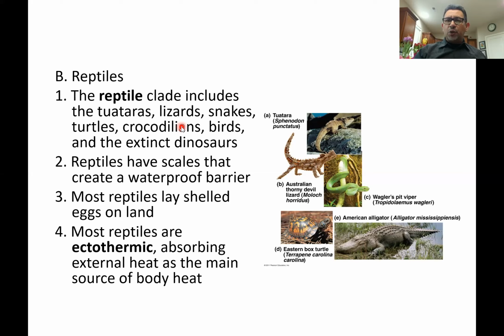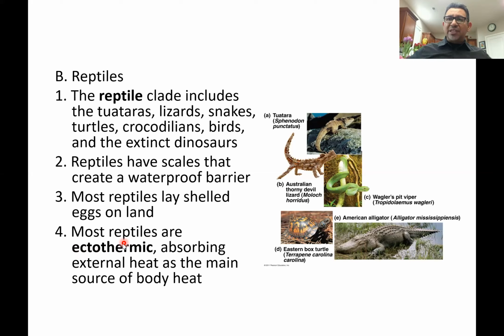Most reptiles are going to be ectothermic, which means that in terms of regulating body heat, they'll have to rely on external sources of heat, hence the name ectothermic. Ecto, outside, thermic, making reference to heat energy. So if they need more heat, the metabolism of these animals is not going to be sufficient to provide what the animal needs.